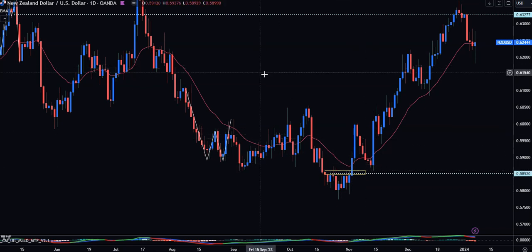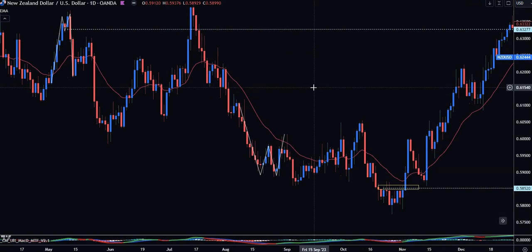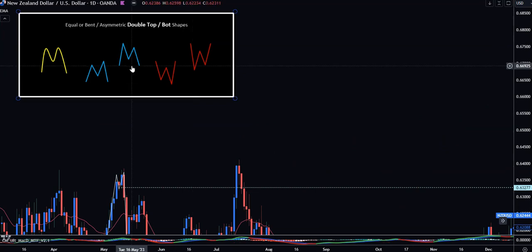Okay, now let me remind you about these irregular forms that I've told you about, and that's what I meant by that, guys. Okay, so these are like equal or bent asymmetric double top or double bottom shapes. Okay, they look like M and W, right? So sometimes it makes a high high and high low, and then makes a high high.